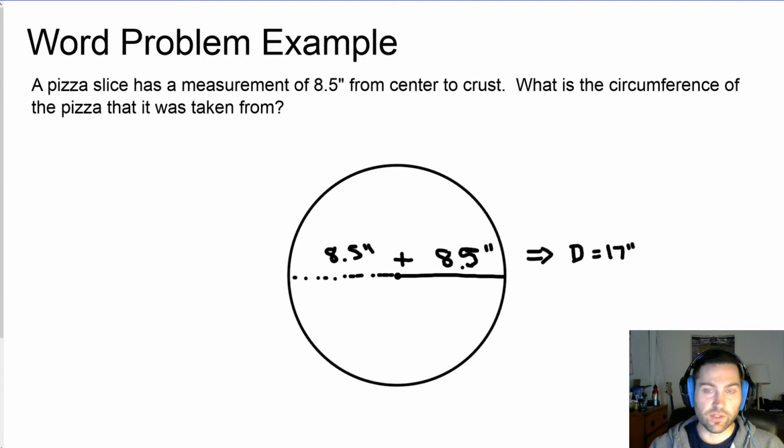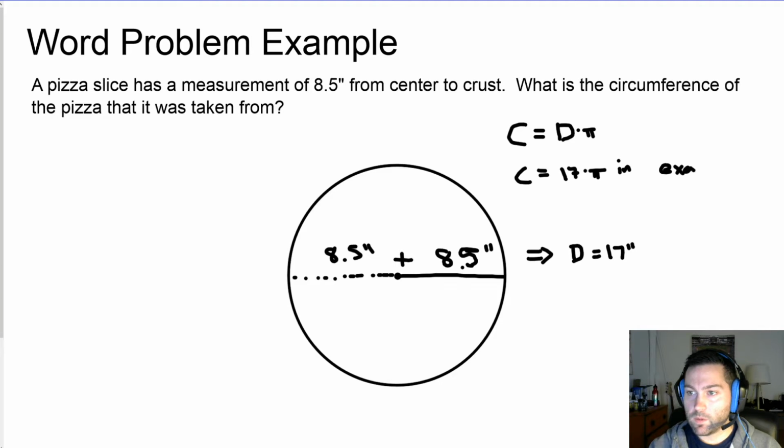So to calculate the circumference of that, I'm just going to use the formula of the circumference is equal to the diameter times pi. So filling in what I know, I would put in 17 times pi. And that would be my exact answer right here.